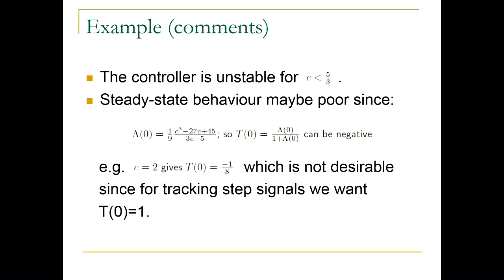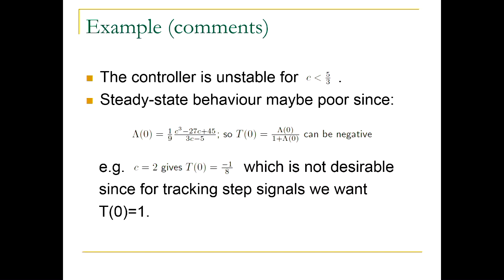But then if the plant is stable and the controller is stable, you may have that the closed loop is unstable. Actually, any set of possibilities is possible. So you may have an unstable controller and plant, but the closed loop is stable. So this is just a remark that the controller is unstable for c smaller than 5/3.